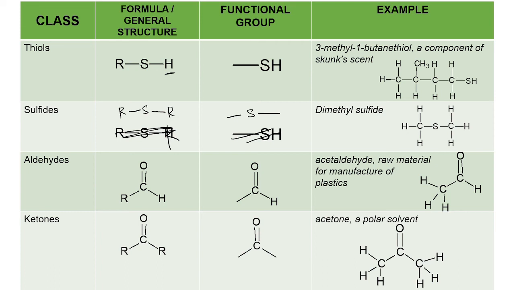So we have here our chain, which is 4 carbon, that is butane. So we have here our thiol, and we have here a methyl. Why 3? Starting from the functional group, the nearest carbon from the functional group, we have here 1, we have here 2, that's the second carbon. This is the third carbon. So that is why 3-methyl, meaning to say the methyl is attached to the third carbon.